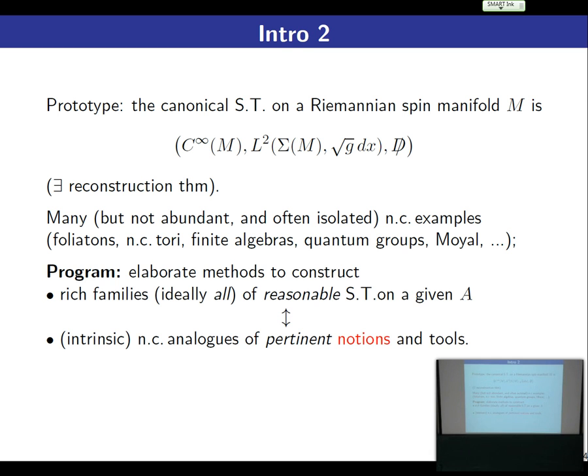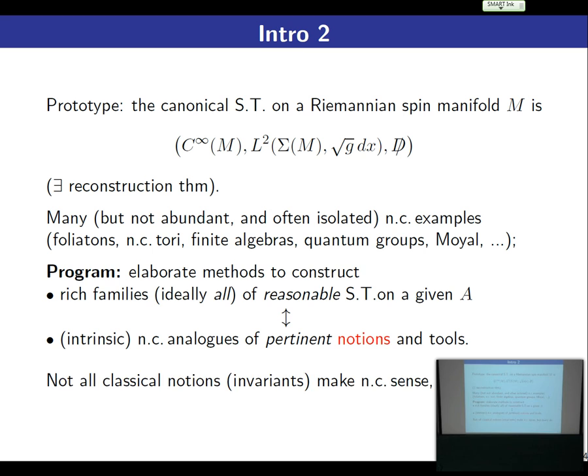But part of a program into which this fits is to elaborate methods to construct not just singular, individual examples, but to construct rich families, or as much as possible families, ideally all, in some sense, of reasonable spectral triples on a given algebra A, and intrinsic, which means non-commutative analogs of some usual pertinent notions.